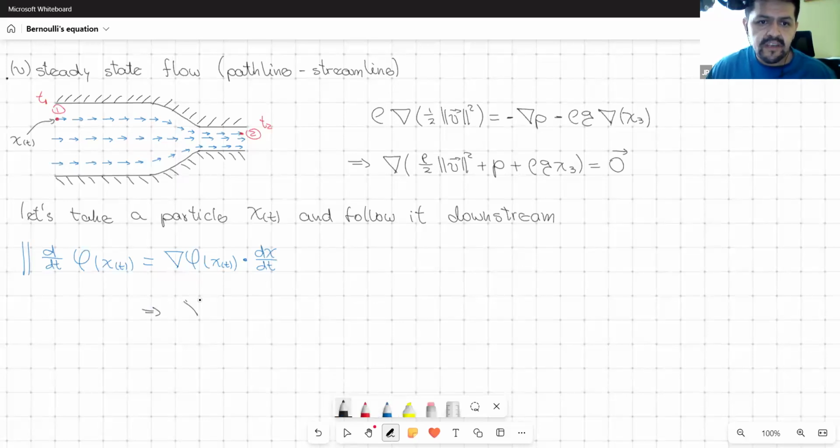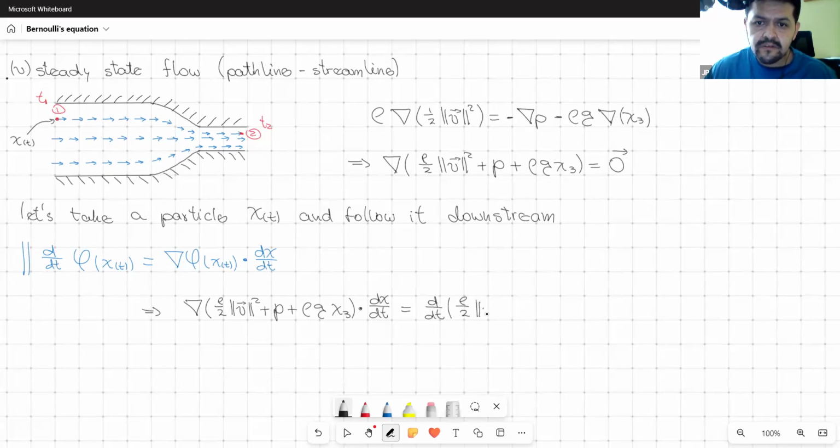So we will take the gradient of rho over 2, the norm of b squared, plus the pressure term, plus the potential energy term, dotted with the time derivative of this particle trajectory, okay? And by the previous property, we see that this is exactly the time derivative of what's inside the parentheses.